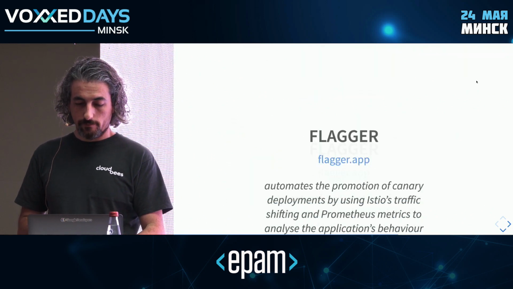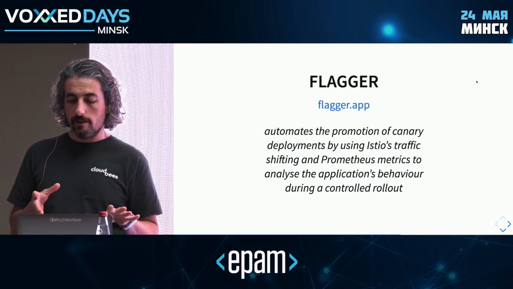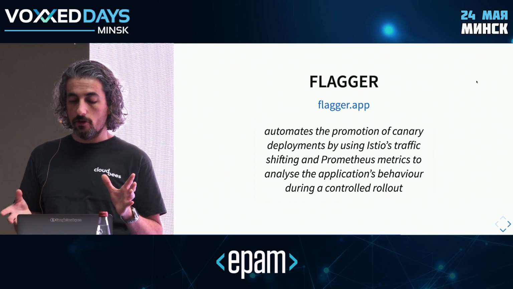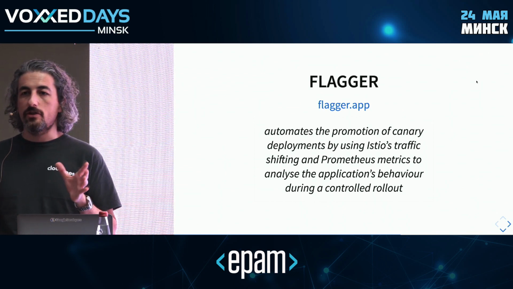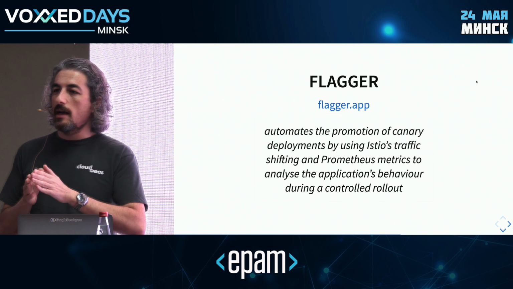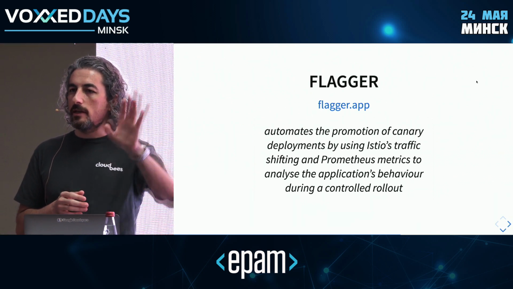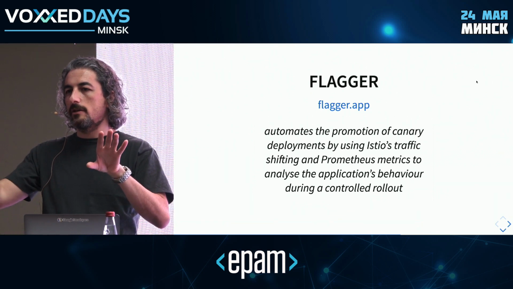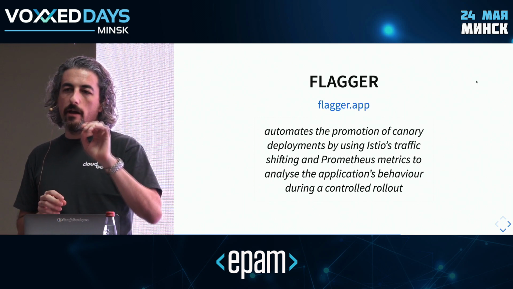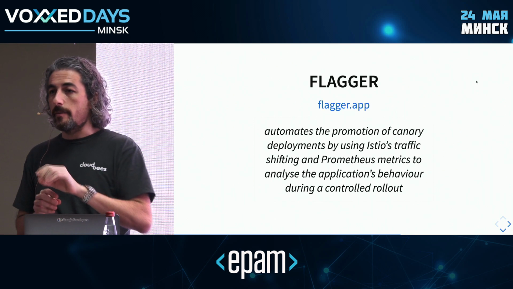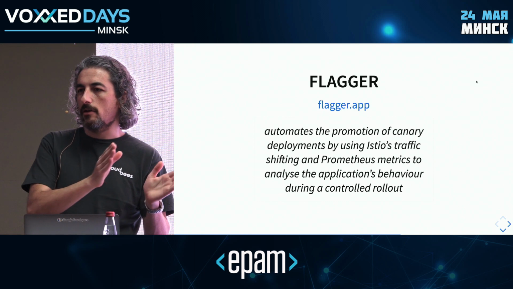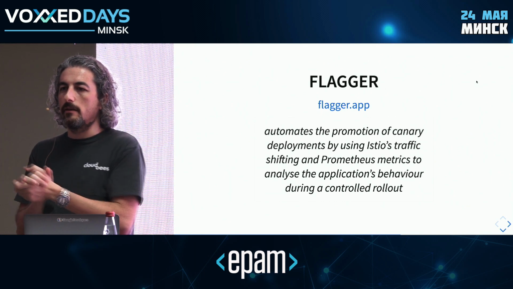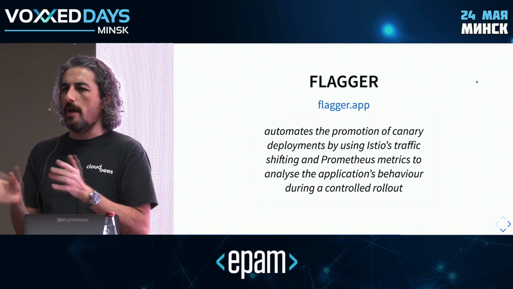Flagger automates the promotion of canary deployments using Istio traffic shifting. So Istio allows you to say, send a percentage of traffic to this pod and another percentage to this other pod, or using HTTP headers, send things that come with this header to one place, and do the whole traffic management.